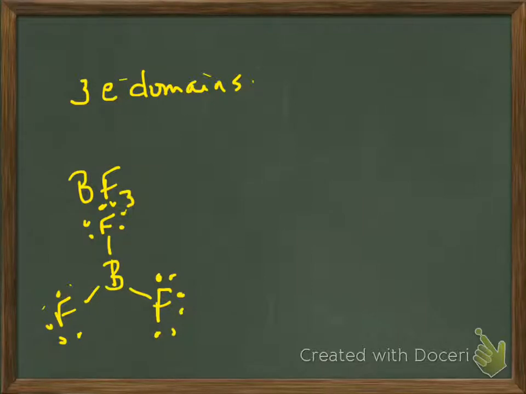Looking at the electron domains, you can see that there are three of them. Each of these will be 120 degrees apart, and they will all be in the same plane. So for BF3, you look at the atoms attached.